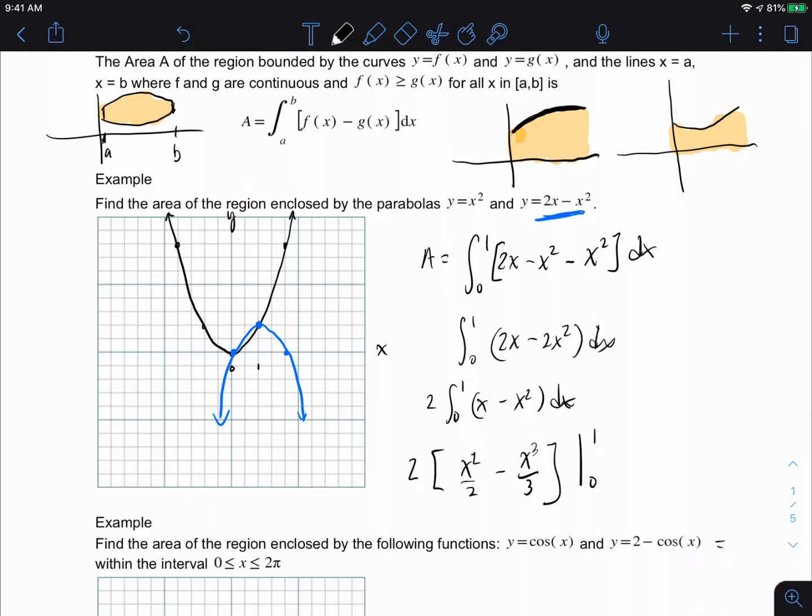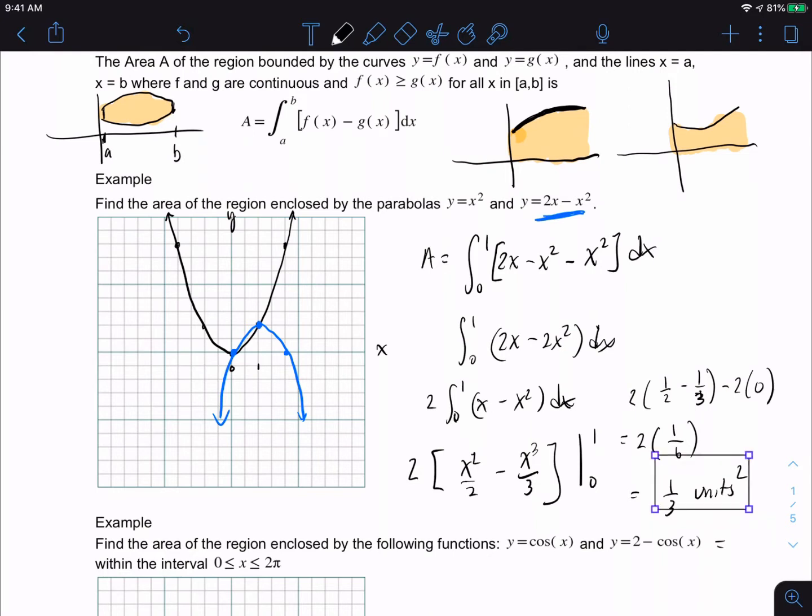Okay. So then evaluating this, I'm going to go 2 times 1/2 minus 1/3, minus 2 times a whopping 0, right? So that's going to give me 2 times 1/6, which will yield 1/3 units squared.